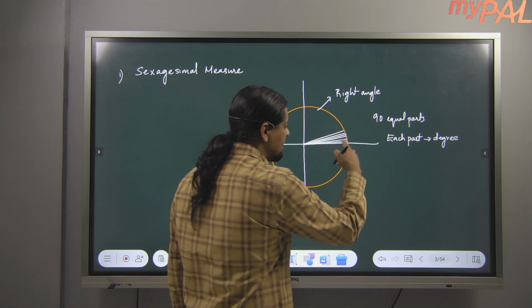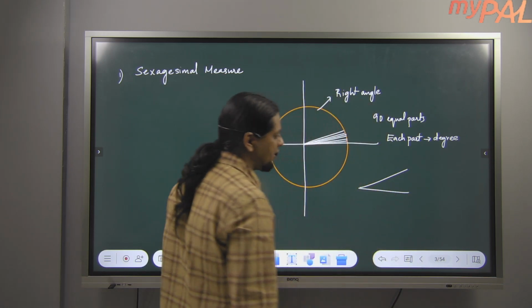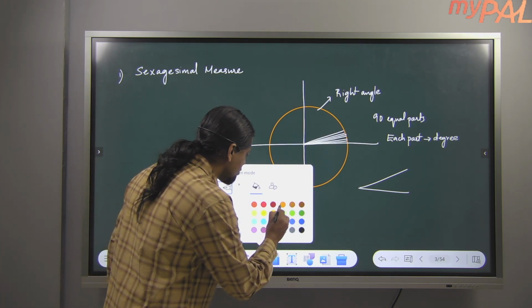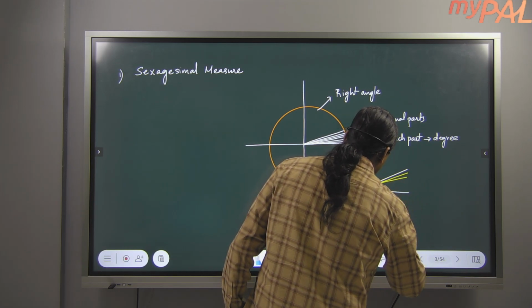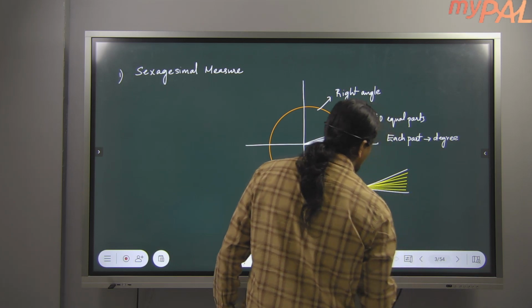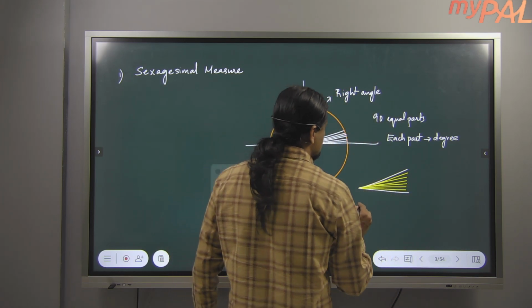Say for example this is 1 degree. This is not actually 1 degree, I'm just telling you. If I divide this 1 degree into 60 equal parts, each of these parts is called a minute.